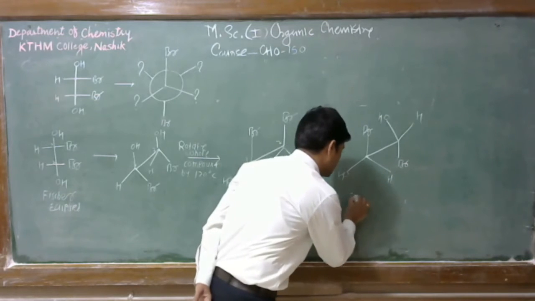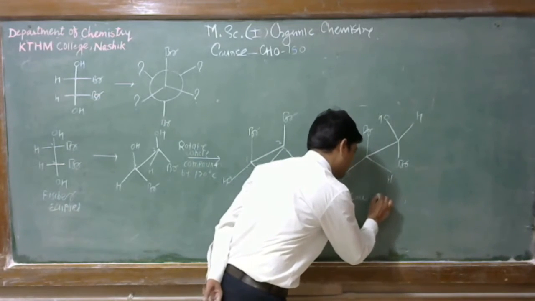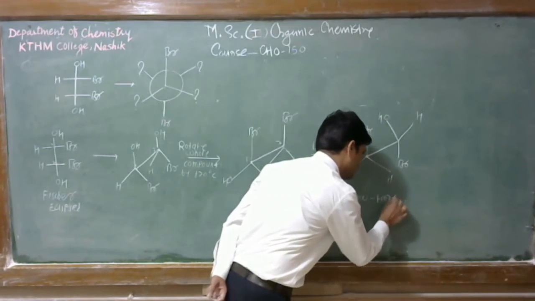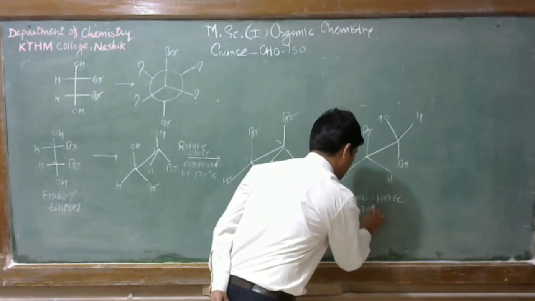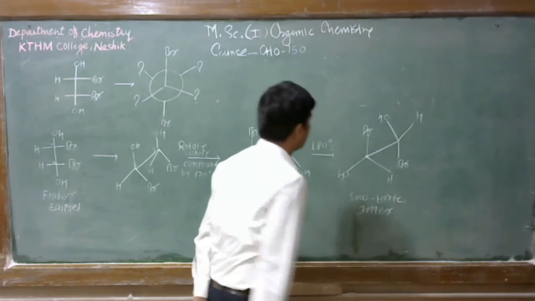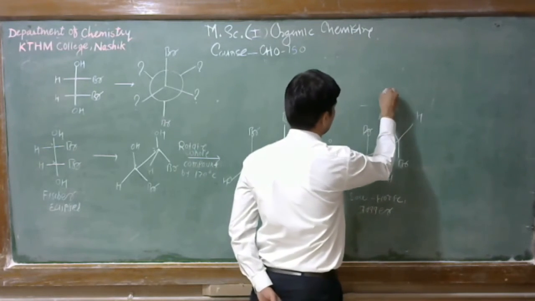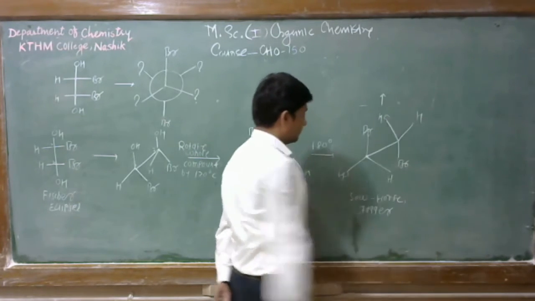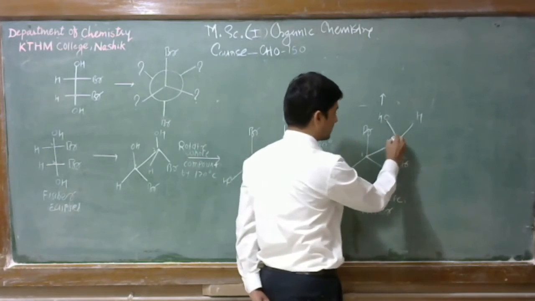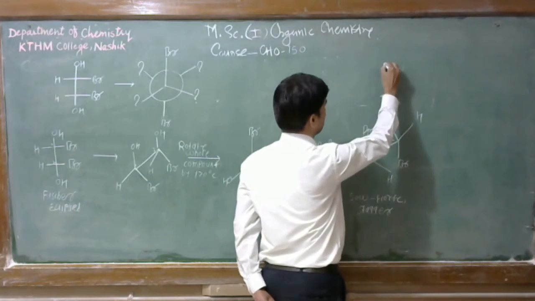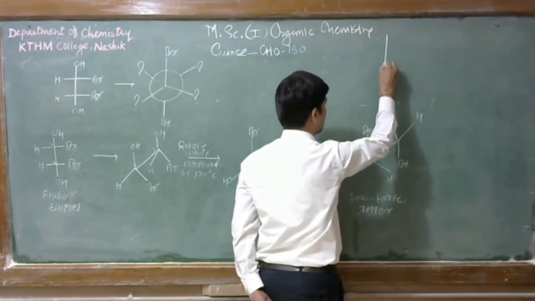Now this is the Sawhorse projection formula, but this is now staggered, and we have to convert this Sawhorse projection formula into the Newman projection formula. If this is the front carbon atom, this is the rear carbon atom. See, the front carbon atom is denoted by the dot.